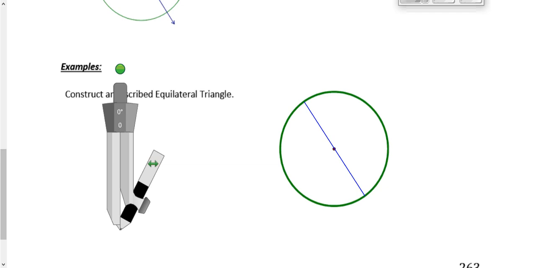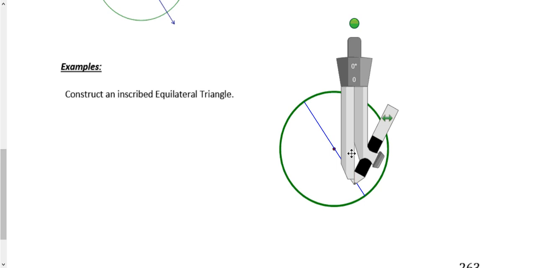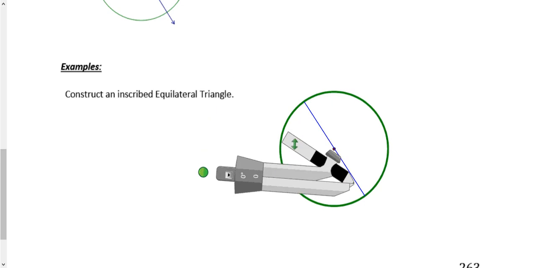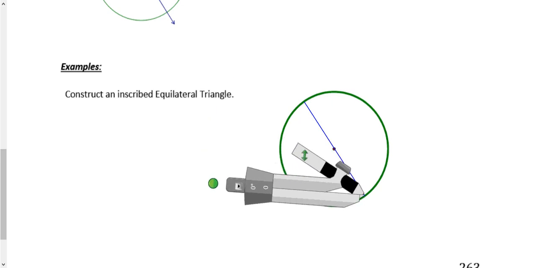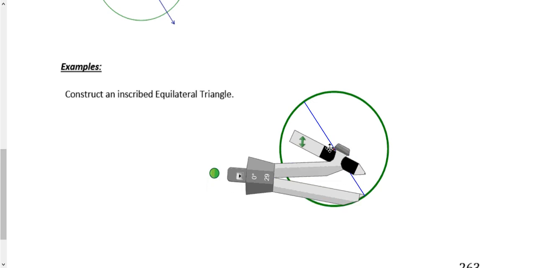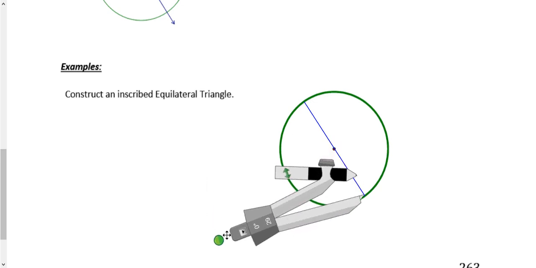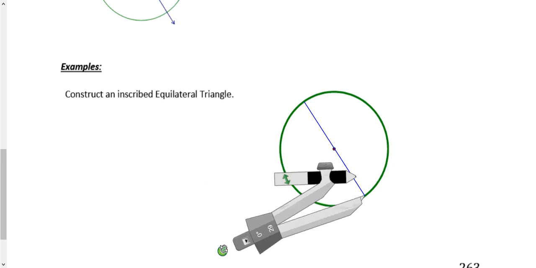Now I'm going to put it in one end. See now, Carter, why you need that diameter there? Because you need a point to locate things. And how far are we opening up, guys?